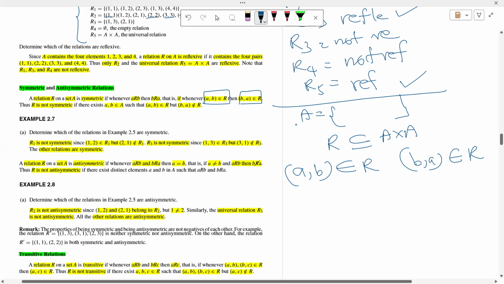Then we can say that relation is a symmetric relation. It means if A comma B is in the relation, B comma A is also included in the relation.